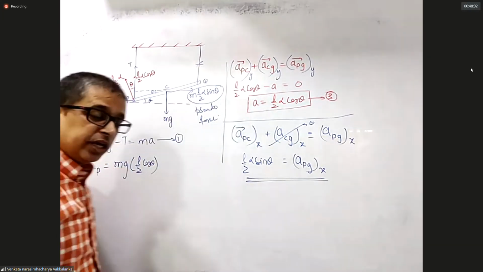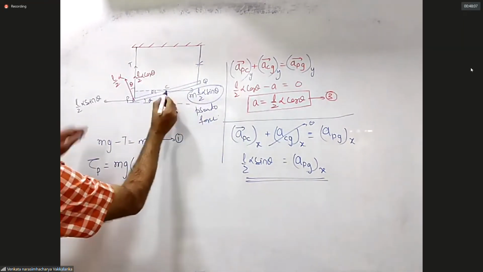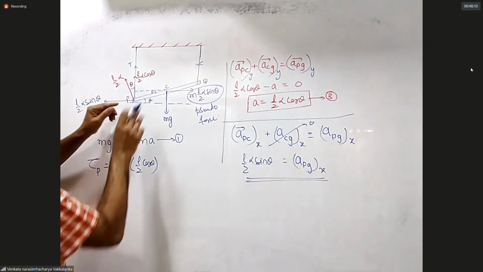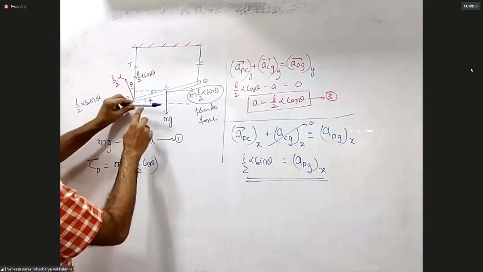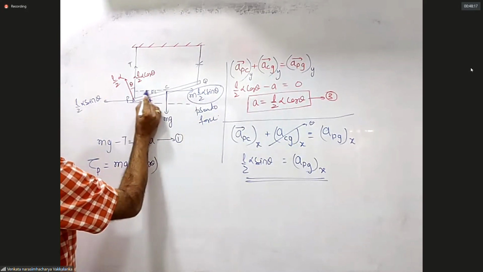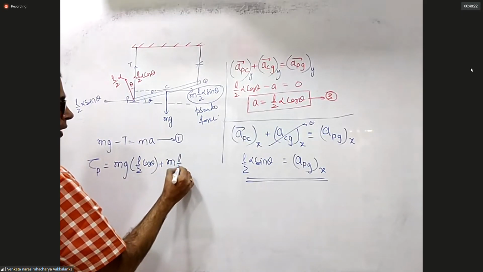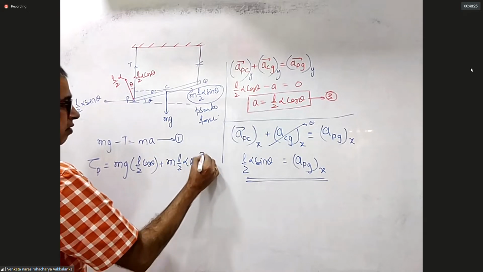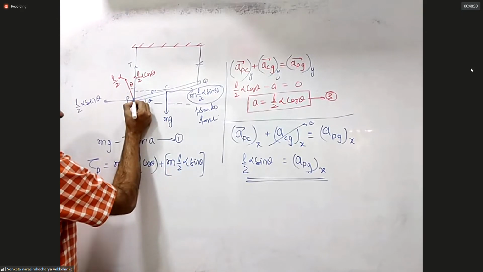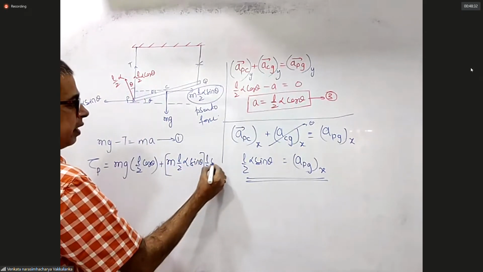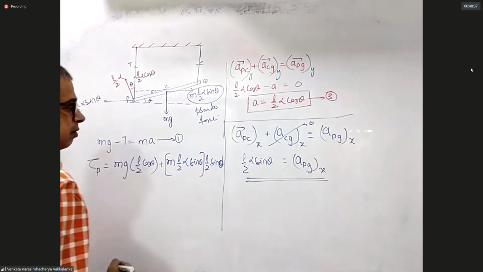So am I supposed to take the torque due to pseudo force as well? Yes. Now listen. When I am taking torque due to this, it's clockwise. Pseudo force also is clockwise. Extend the line of action of pseudo force and drop a perpendicular: m L by 2 alpha sin theta, mass into acceleration, into this perpendicular distance. This will be L by 2 sin theta. Agreed?